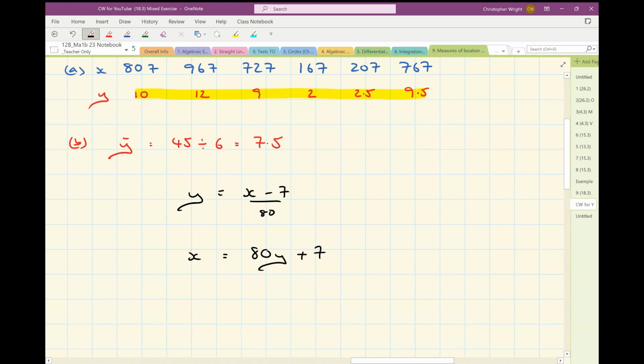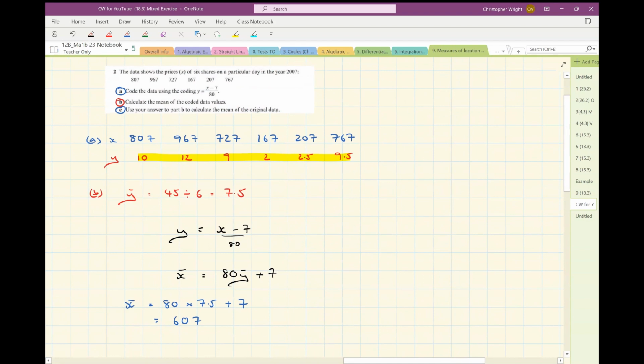So x bar, the mean of x, is 80 times the mean of y plus 7. So x bar will be 80 times 7.5 plus 7. Thus, the mean of x will be 607. And that is question 2 done.